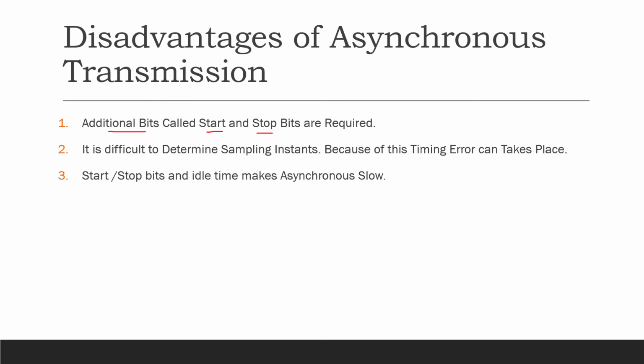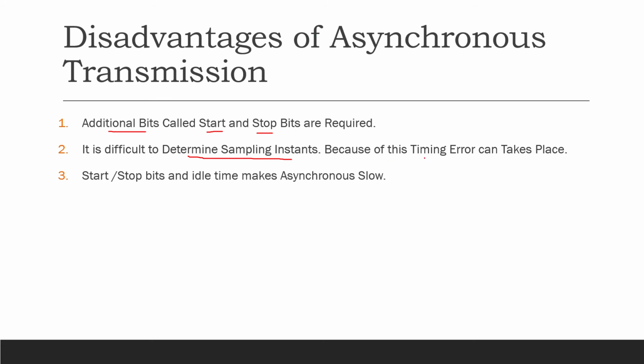Second, as it is uncertain about the arrival of the particular information, it is difficult to determine the sampling instants, as the receiver is not aware of the transmission instant. That's why the sampling is quite difficult to determine. This is the meaning of the second statement.